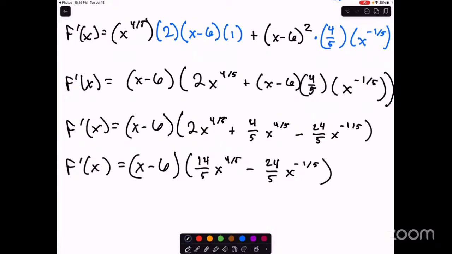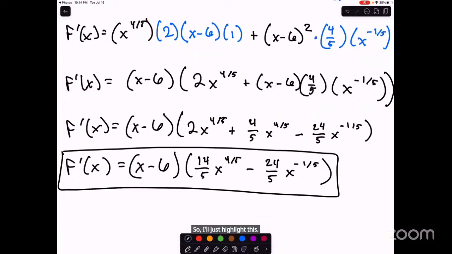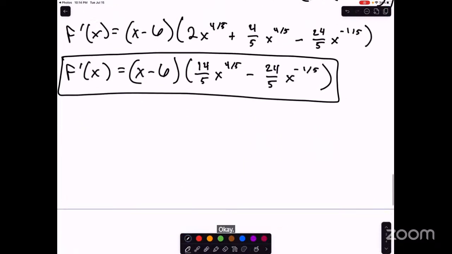Okay. This is kind of a weird answer, but this might be what it is. So this is as far as I was able to take it. So I'll just highlight this, as far as the derivative. Okay, I know we had more. Let's see.